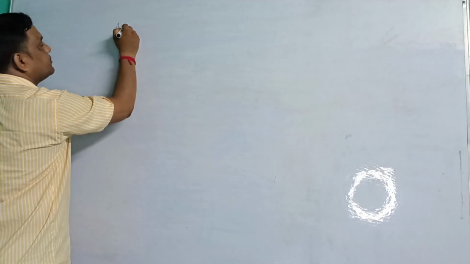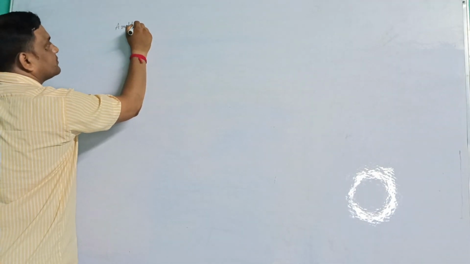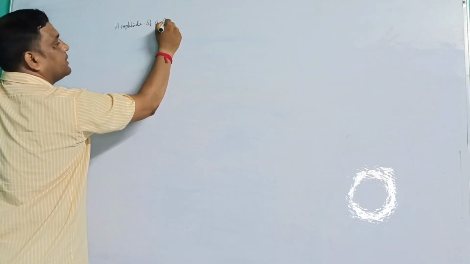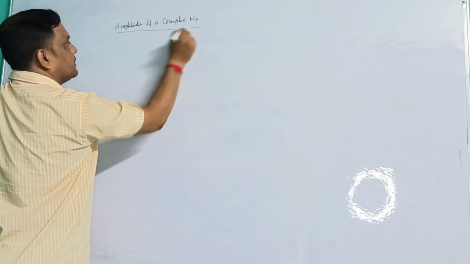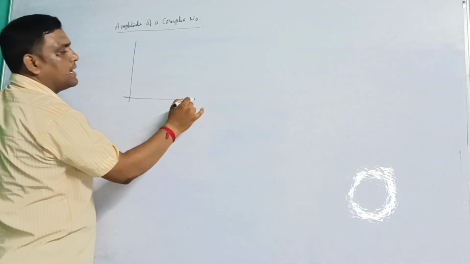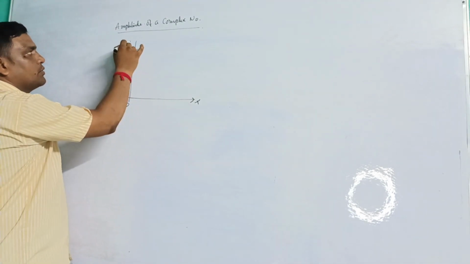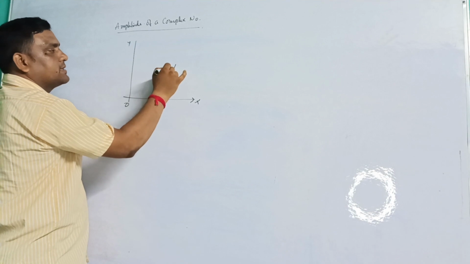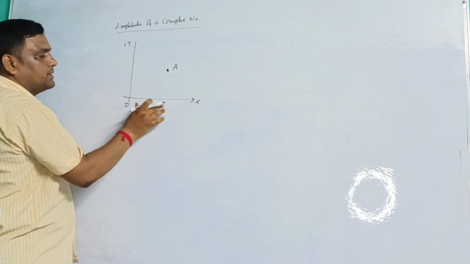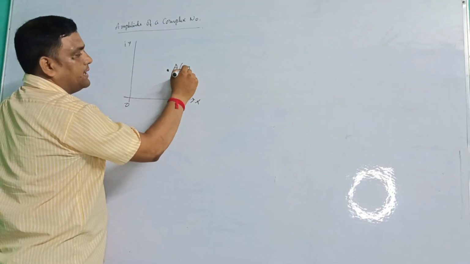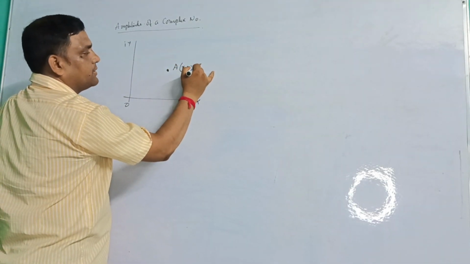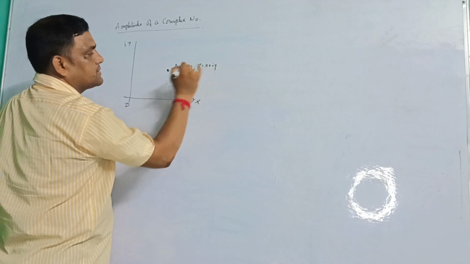Our next topic is the amplitude of a complex number. So, if we consider an Argand plane OX, OY, and let's say this is your real axis, imaginary axis, A be any point x comma y, that point can be written as z equal to x plus iy.